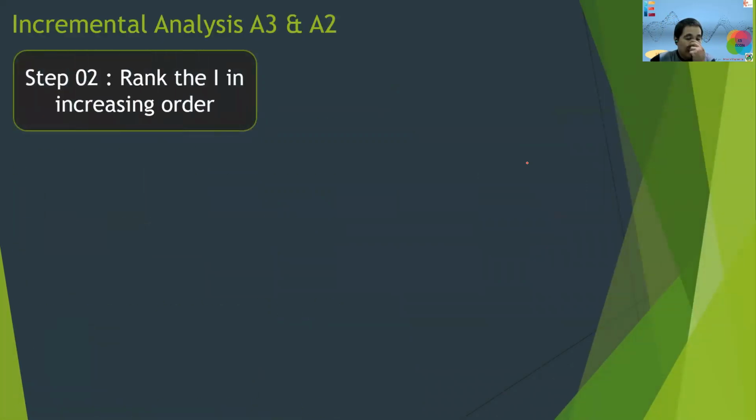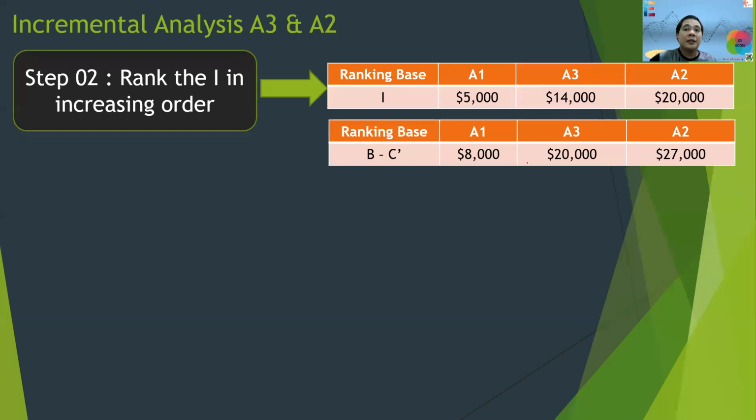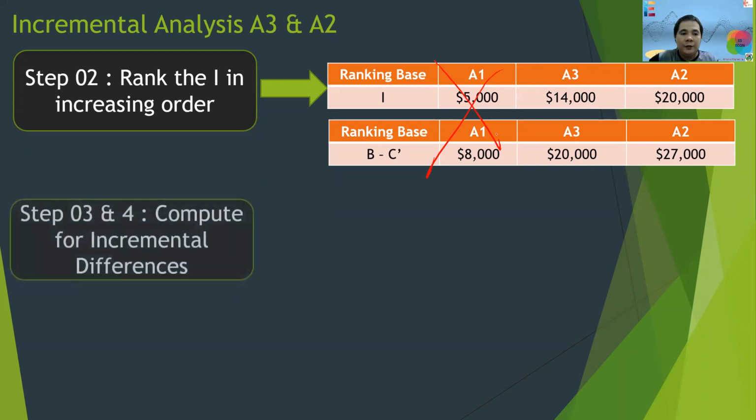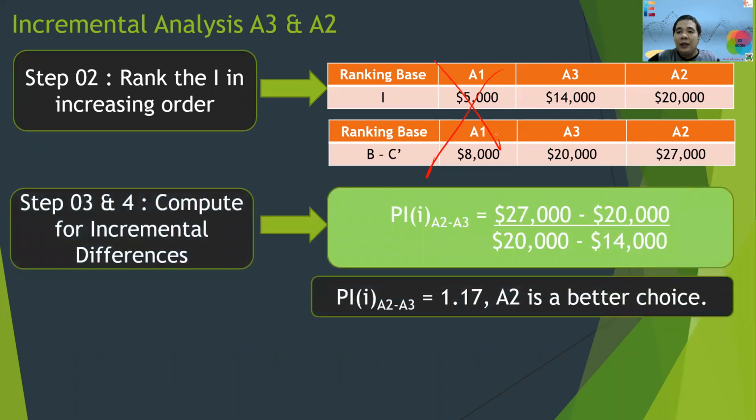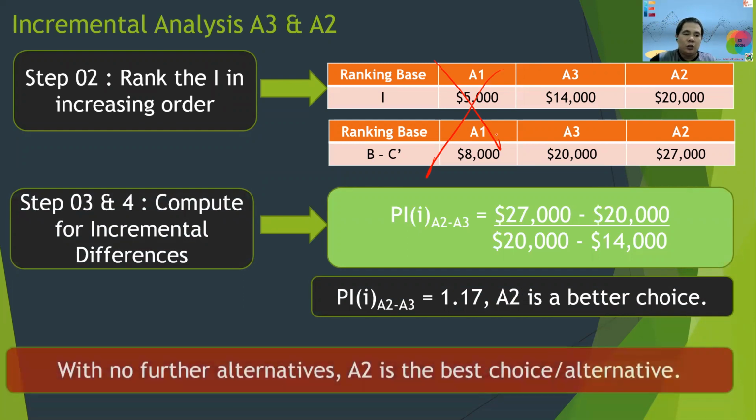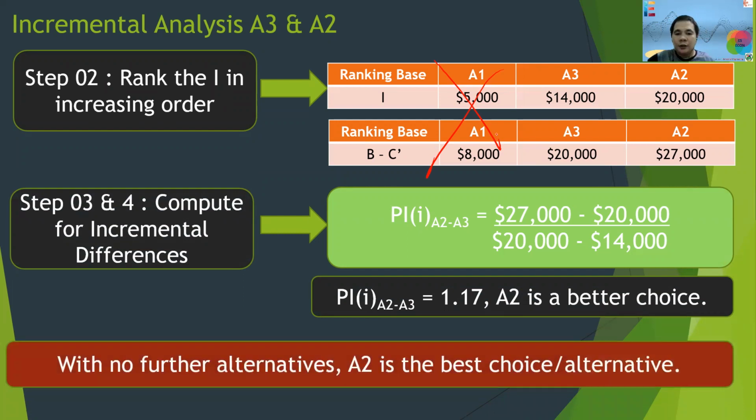Incremental analysis on the succeeding one: we have to compare A2 and A3. Comparing A2 and A3 gives you an incremental profitability index ratio of 1.17. Therefore, A2 is a better choice. So with no further alternatives, A2 is the best choice.